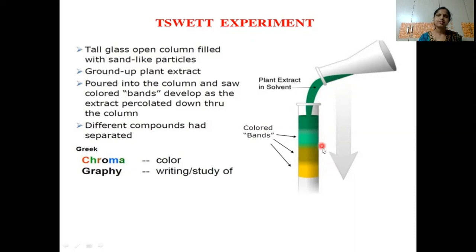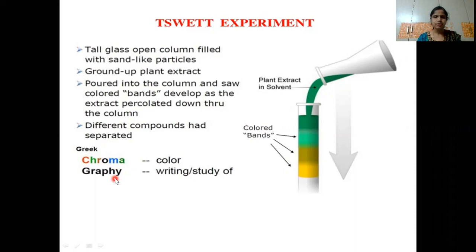So he was the first scientist to invent this technique. That is Michael Sweat. He is a botanist. In the year 1906, he coined the term chromatography. It is actually a Greek word where chroma means color and graphy means writing or study. So chromatography is nothing but studying the components based on their color.